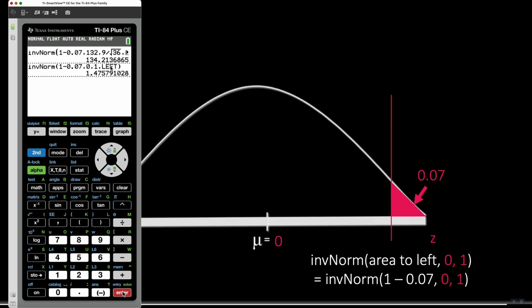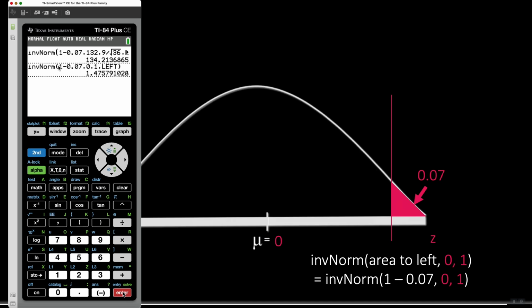I happen to have a calculator that does left, right, or center. If you happen to have one like this, you could have put 0.07 in right, because this is the right tail. So this one will take in the area to the left, or the area to the right, or the area to the center. You can just change this.